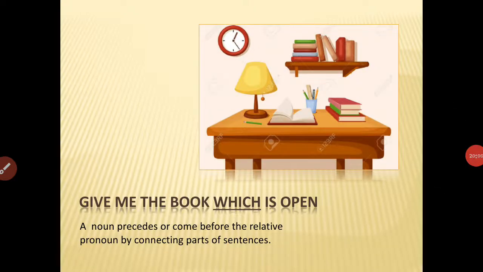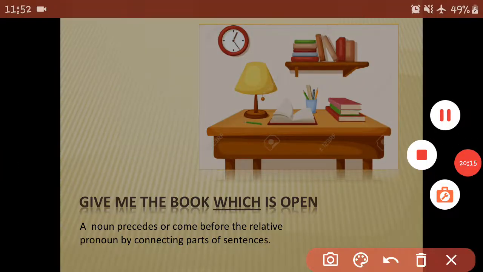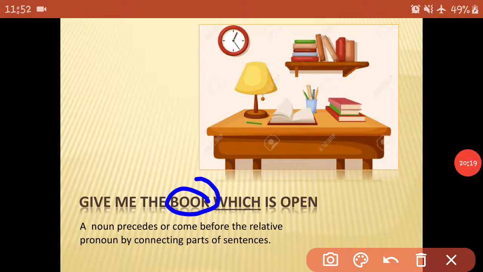A noun precedes, or comes before, the relative pronoun, connecting parts of the sentence. The relative pronoun is always preceded by a noun, and it will be connecting the parts of sentences.